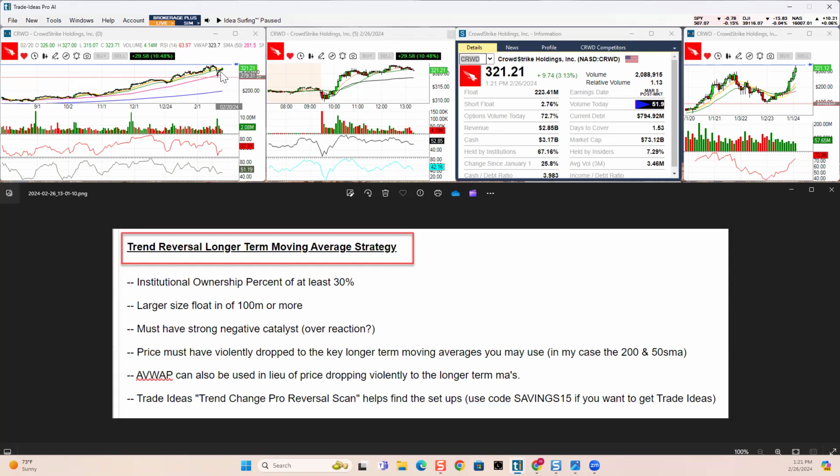Okay. Yeah, you could enter it the following day, once you know that the shorts are done covering and new buys might be coming in. And then, as you can see, price is still going up. Probably once it hits that blue line you see up top, I'll probably sell half, lock in profits, and then trail stop the rest if it wants to continue to run more in a trend type of setup.